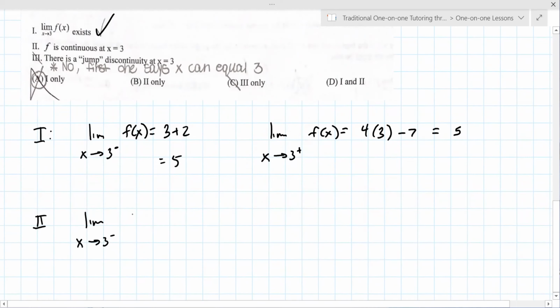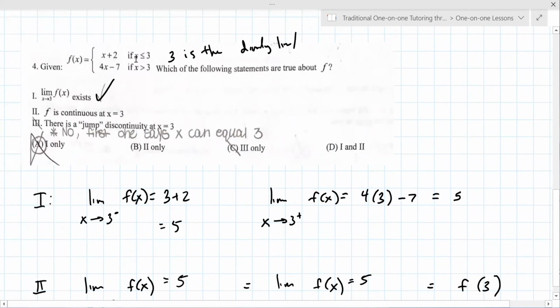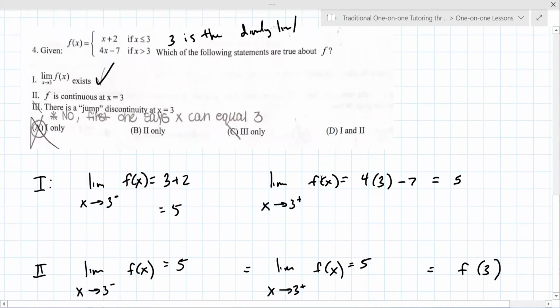The limit from the left equals the limit from the right, which equals the f of 3 value. So we already know the limit from the left is 5 and from the right is 5. And then you just have to evaluate the function at that point. Well, you've already done that. It's this left side. So that's true.